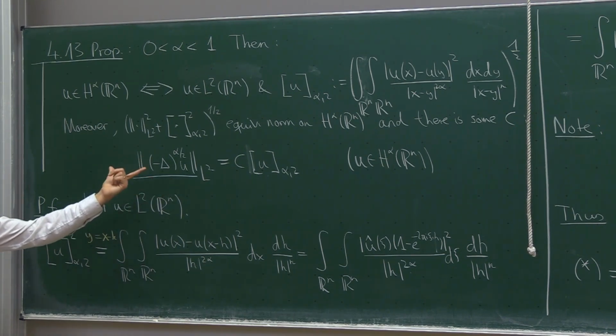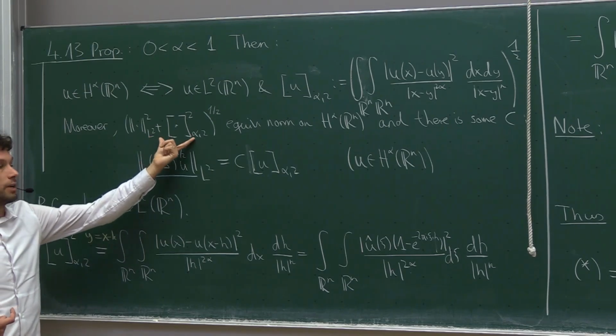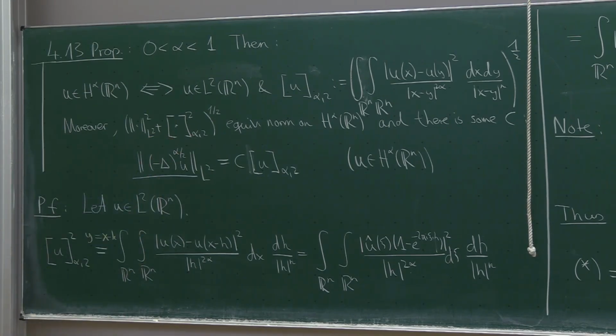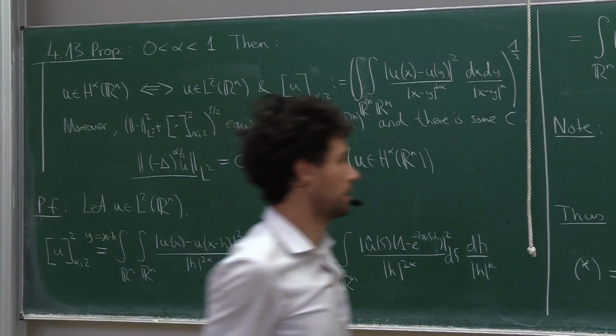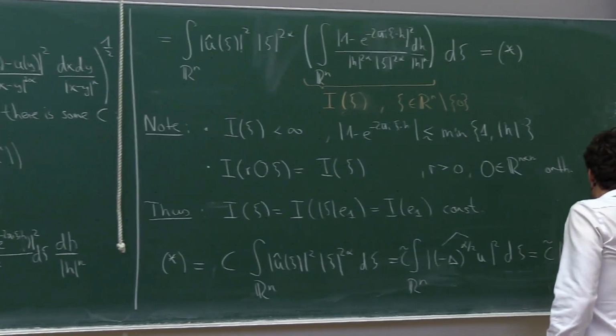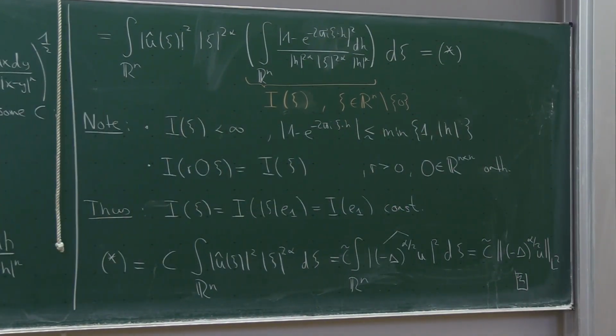So by definition of these norms, this guy here is equivalent to putting the graph norm for minus delta to the alpha over 2. And this was the definition of H alpha. So from this calculation, everything else follows, and then the proof is complete here, and I can stop. Okay, let's have a 10 minutes break, and then we resume with other stuff.